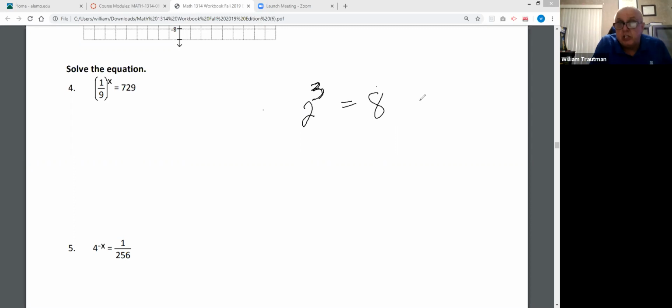In this section, we're solving exponential equations. In other words, x is in the top of the power. We're going to solve for x.